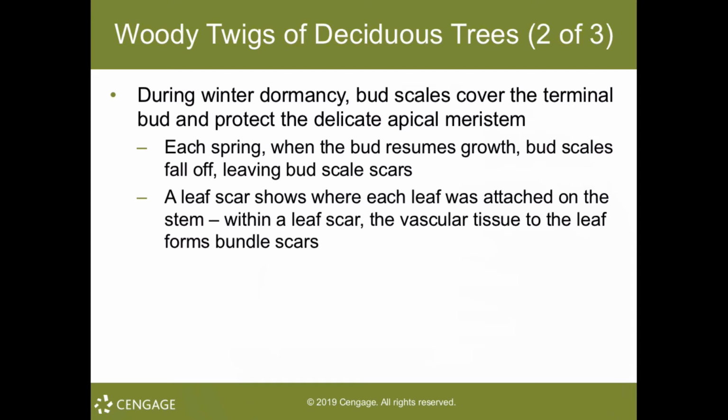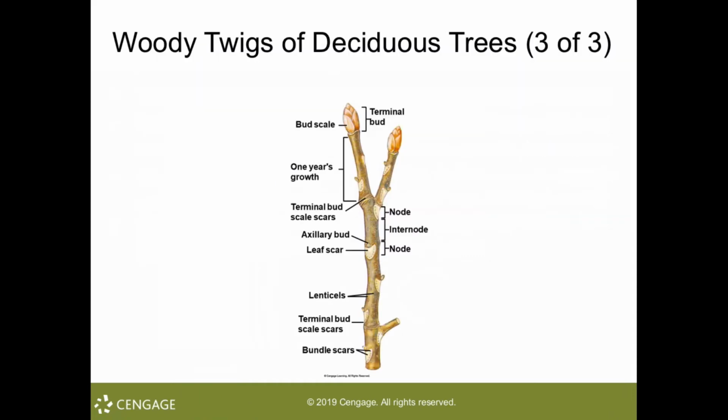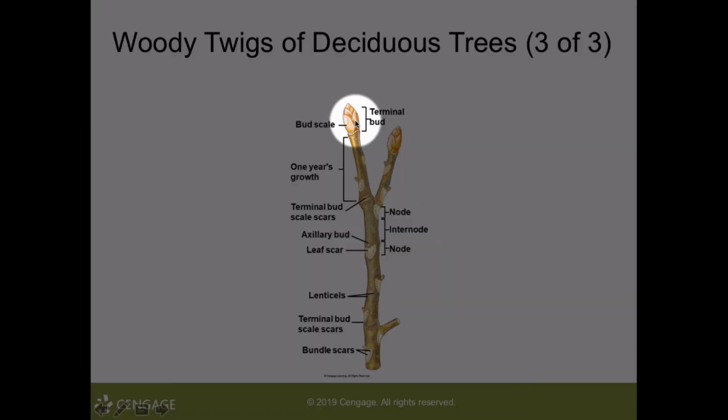The same is the case with the leaf scar, meaning a leaf scar shows where a leaf was attached to the stem, and within the leaf scar, you can also see the vascular tissue by way of those bundle scars. To make everything plain, if you look closely, this is that terminal bud. It says it there.